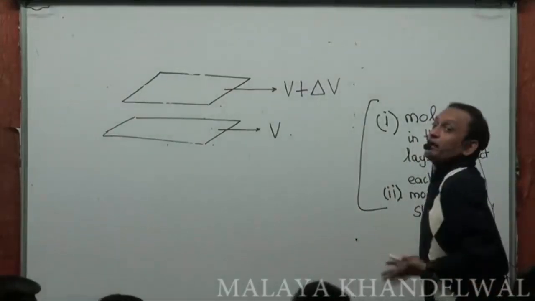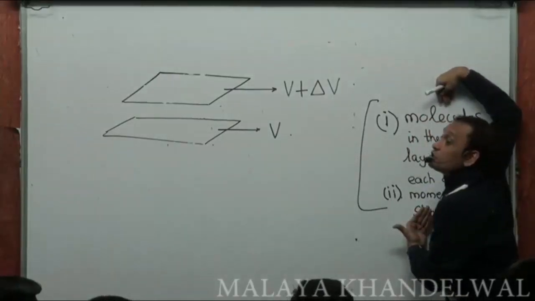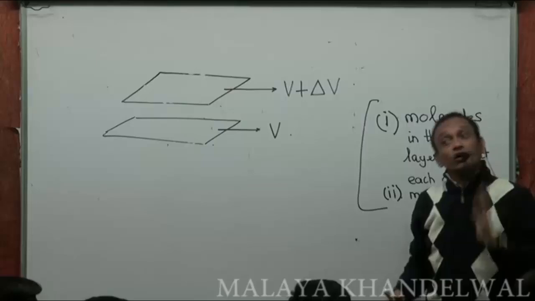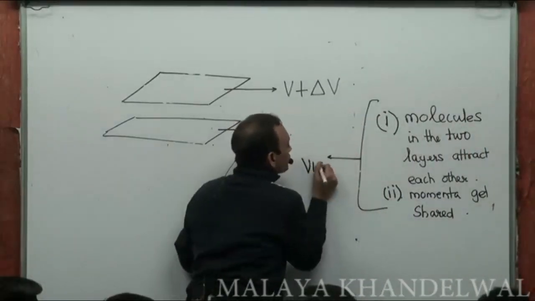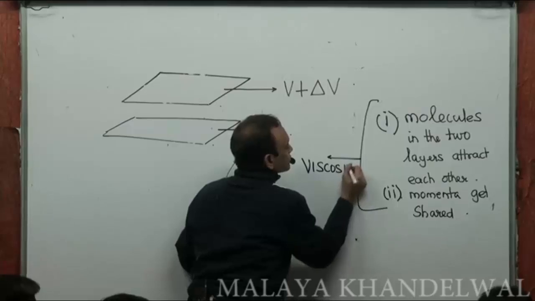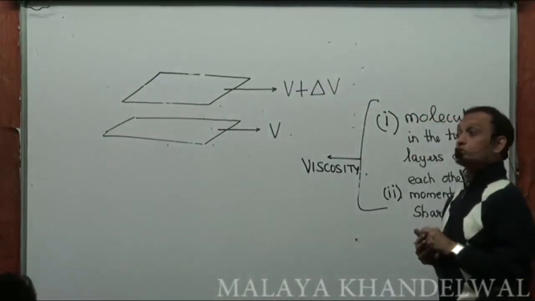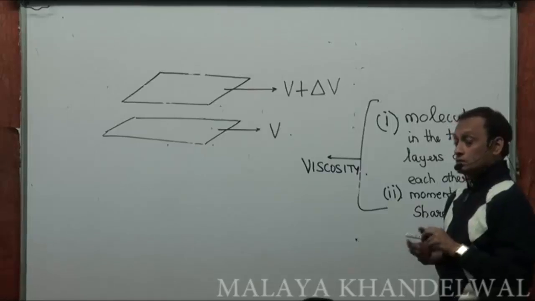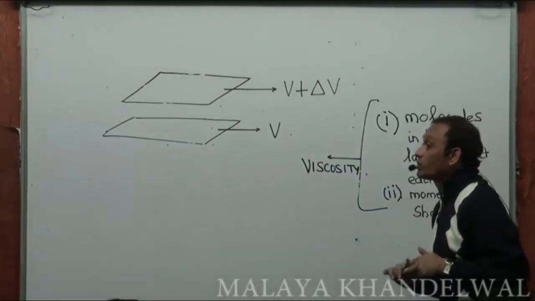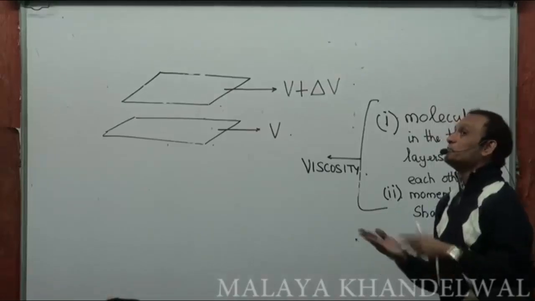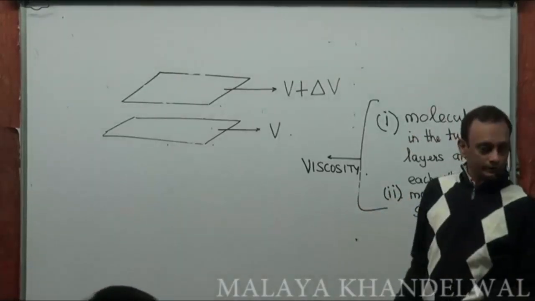The property that the fluid possesses because it entertains these two properties is called viscosity. So viscosity is a consequence of these two properties. These two factors enable the existence of the property viscosity, which in turn impedes relative motion between adjacent layers of fluid. Right?